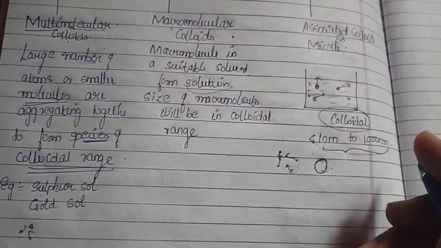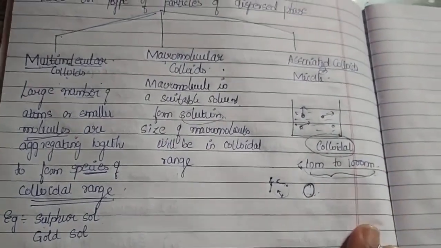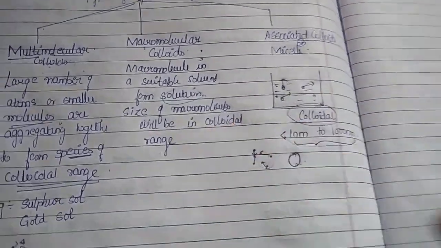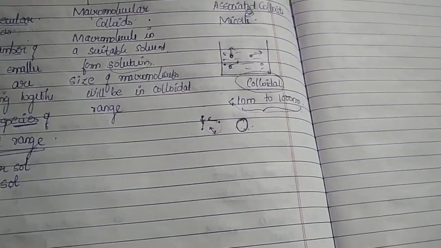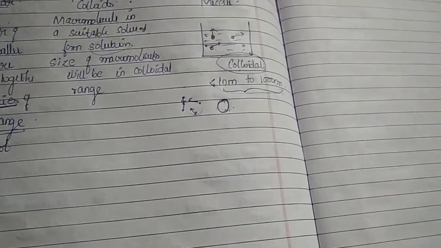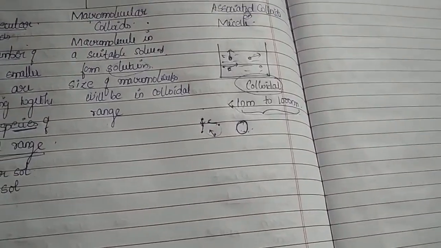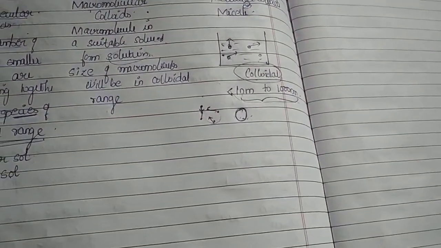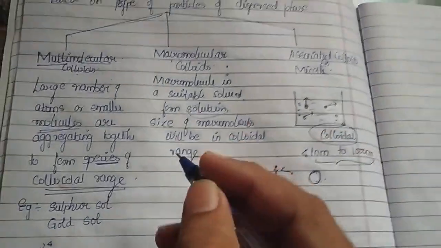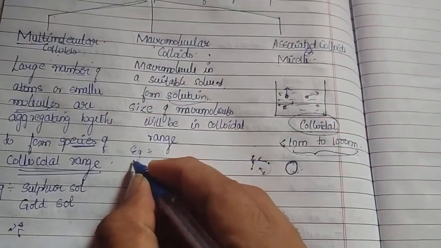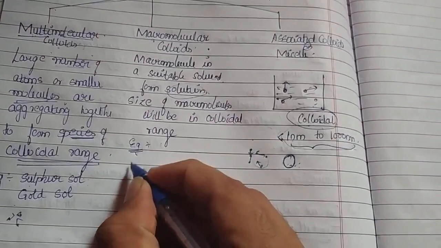Let us see now the examples of your macromolecular colloids. Basically, everyone will have a doubt whether such colloids exist in our body. By the examples themselves we'll come to know whether colloids exist in our body or not. So let me take the examples in two cases.